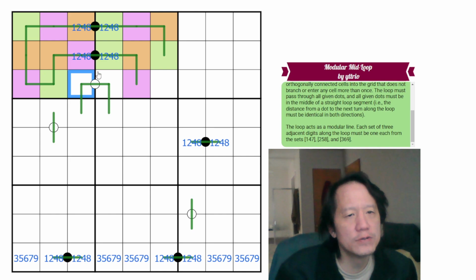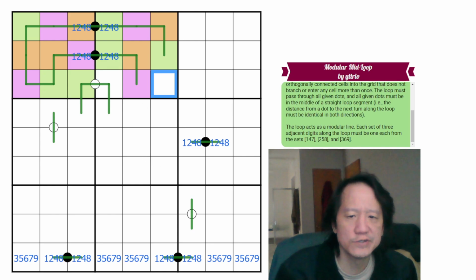You would know that this could not be green or orange, or it cannot be pink or orange, so this would have to be green. That I think works. This would be pink or orange, this would be pink or orange. That seems okay.